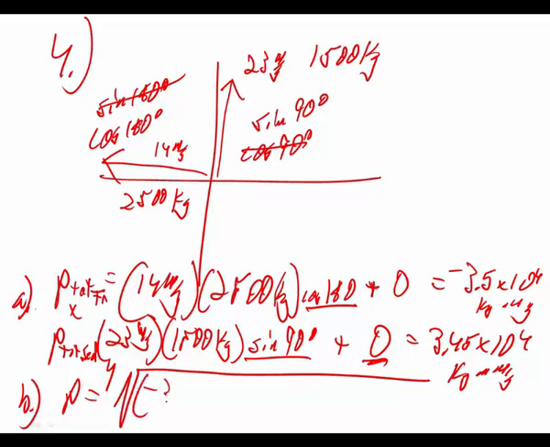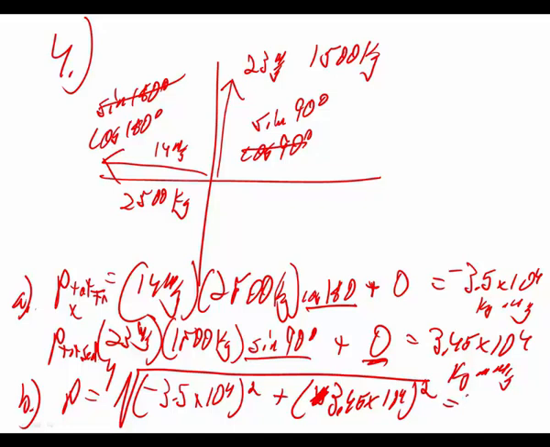So negative 3.5 times 10 to the fourth, and I'm going to leave the units off, squared, plus 3.45 times 10 to the fourth squared. And then we get what? Oh my Lord, 4.91 times 10 to the fourth kilograms meters per second. Is that right? Everybody get that?